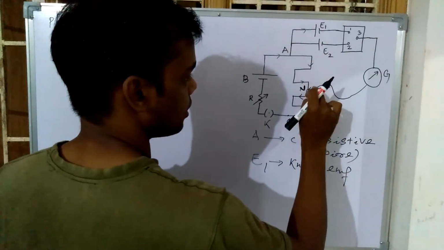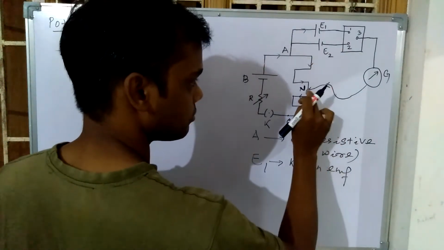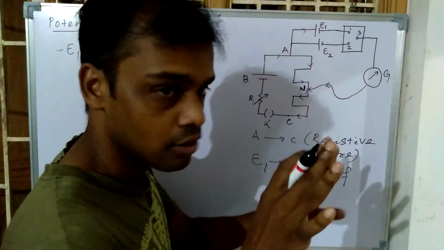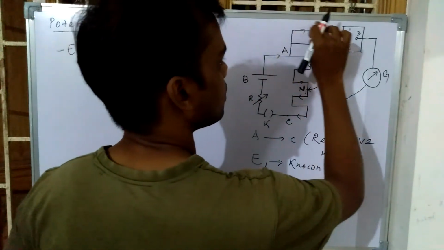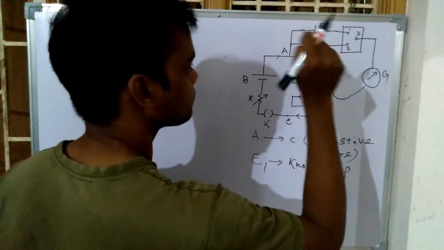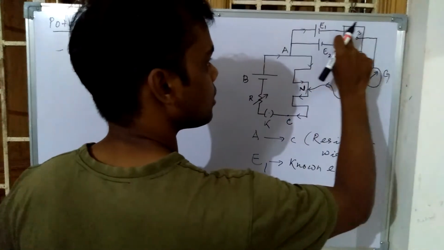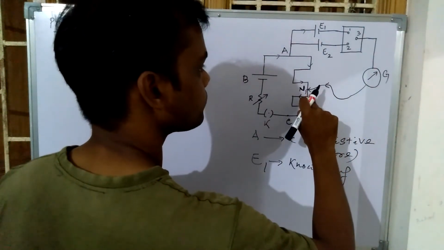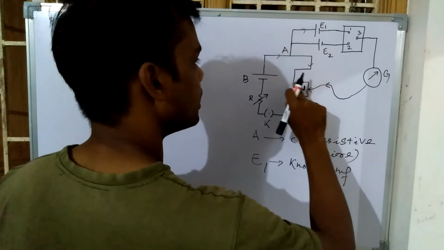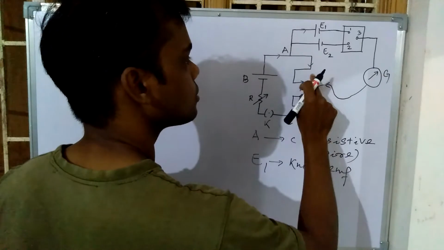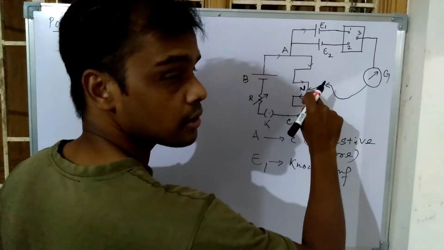So from N1 to A, I am coming to my original loop. My loop was like this, and like this. Now my current enters here, goes like this up to N1. It goes like this, but here current cannot go because another current is flowing in this manner.